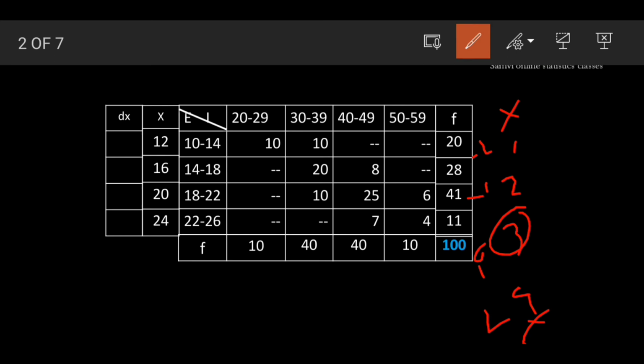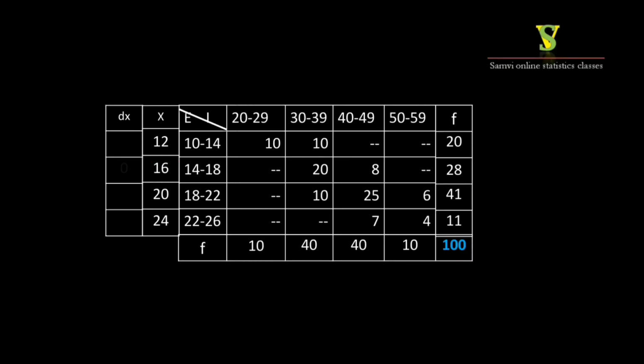Understood? But here there are 4 values, so I will take the mid value as 16. In front of 16 I am writing 0, and above I will write -1 and below I will write 1, 2. Getting? So like this you have to write down.